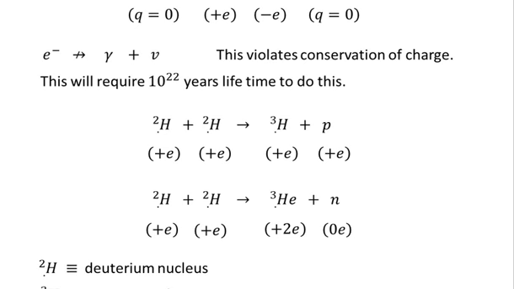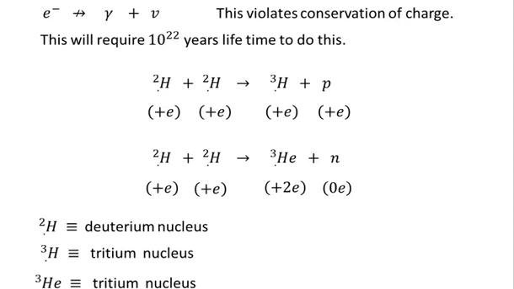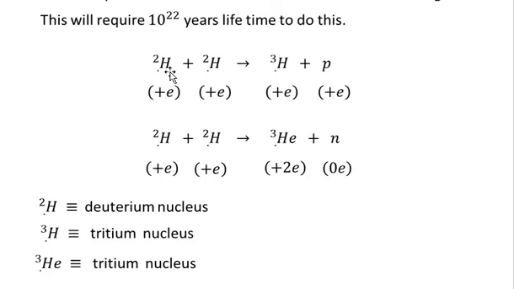Now I have also mentioned some reactions in order to explain the conservation of charge. For example, 2H, the deuterium nucleus, plus another deuterium nucleus gives a tritium nucleus plus a proton. The charges are mentioned below: deuterium plus e, deuterium plus e, tritium plus e, proton plus e.